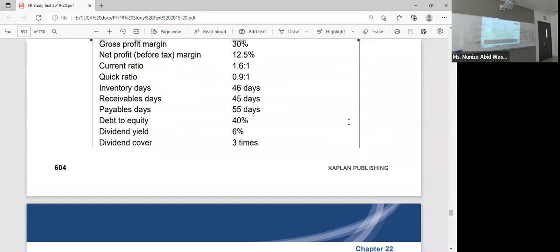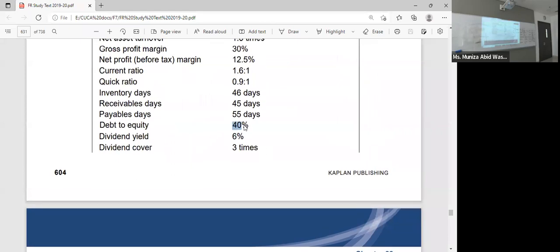Let's see the industrial average. The industrial average is 40%. It means that normally in the industry, the ratio of debt to equity is 40%. So again, the organization's situation is very bad.